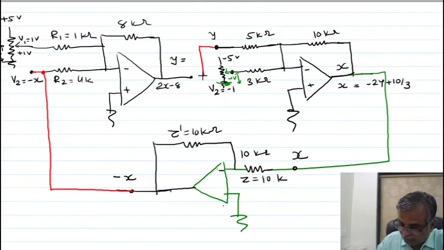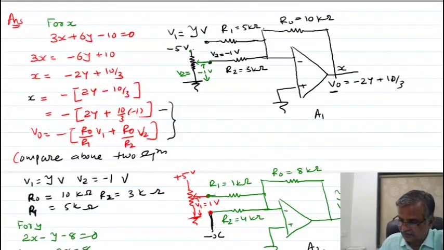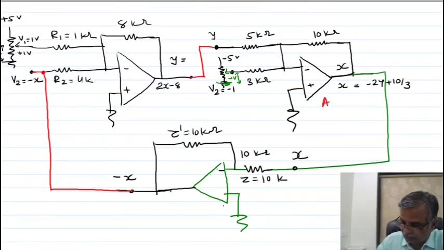The output of A1 is given to the inverter, so you get minus X. This minus X is given to the input of A2, and the output of A2 is given to the input of A1. So your circuit is completed.